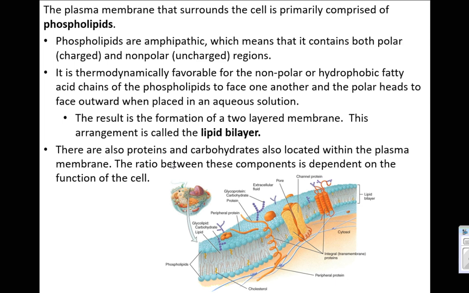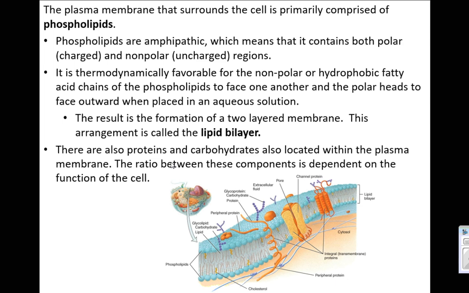Now, if you look at the image at the bottom, you find that there aren't just those phospholipids, which are the turquoise heads and the gray tails pointing inward. We also find proteins, like we see here with a channel protein that's labeled. We also find glycoproteins, which are proteins with a carbohydrate.